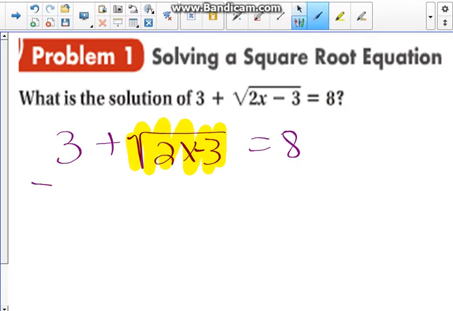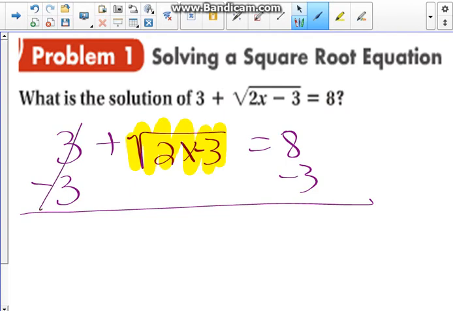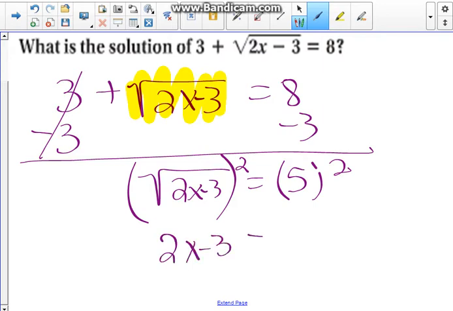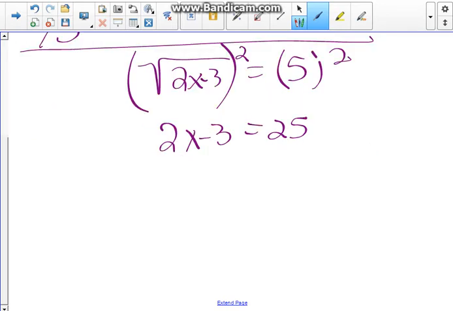Okay, so I'm going to subtract a 3 from each side. And I get leftover radical 2x minus 3 equal 5. Okay, and our next step then is to square each side to clear the radical. And I'm left with 2x minus 3 equal 25.